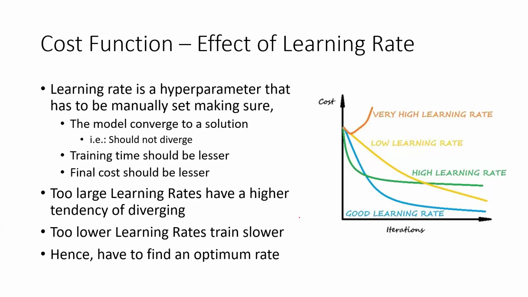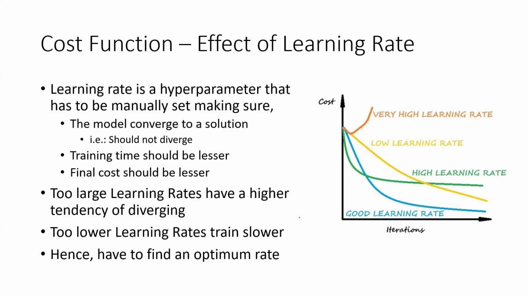So now let's see what is the effect of learning rates, right? I just said that selecting the learning rate is a job of the person who is running the algorithm, right? So he or she has to select the value for the learning rate, like 0.01 or something like that.